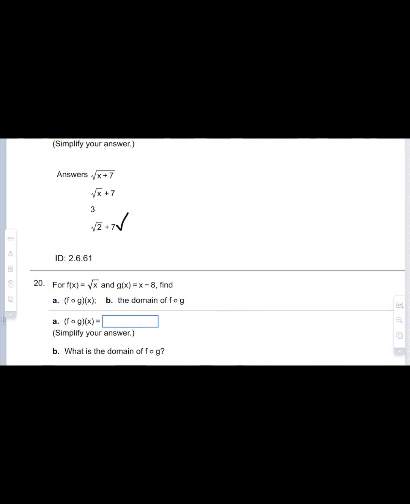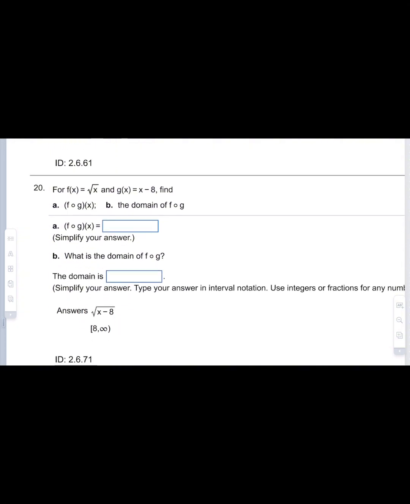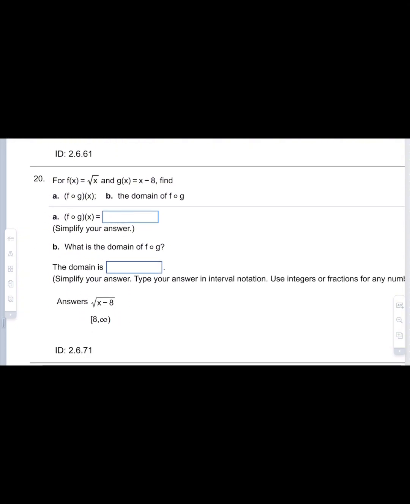So just follow your examples, and then you can just go ahead and struggle through 20. This one is a little bit different because we're talking about the domain. So just follow my steps, pause the video and just do yours the same way.